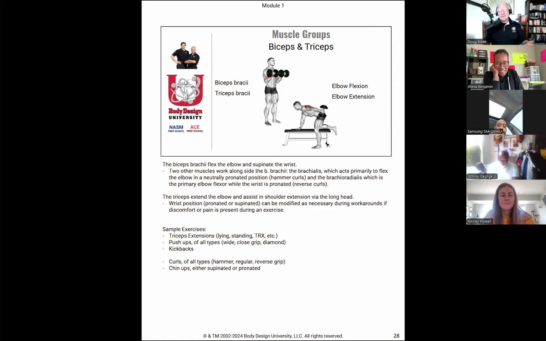You're better off just grabbing heavier dumbbells and maintaining a position of the wrist instead of doing all this. Why? Because what do we think? Incorrectly, by the way. We think that we are going to develop, and by the way, this paradigm comes from the world of bodybuilding, where we're not just trying to grow our muscles, we're trying to get a peak, right?